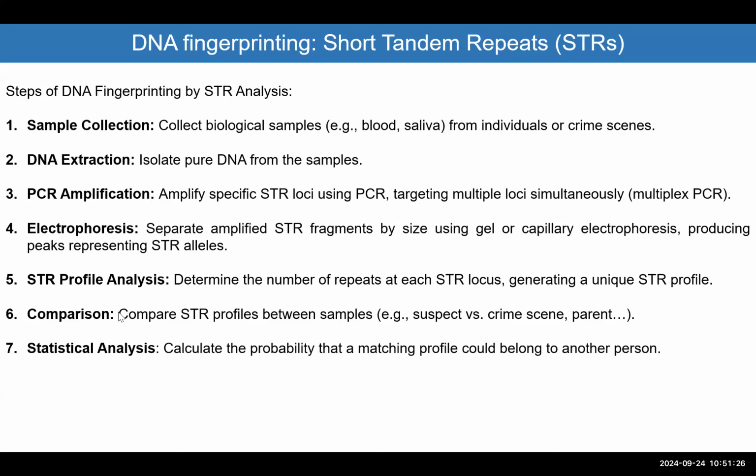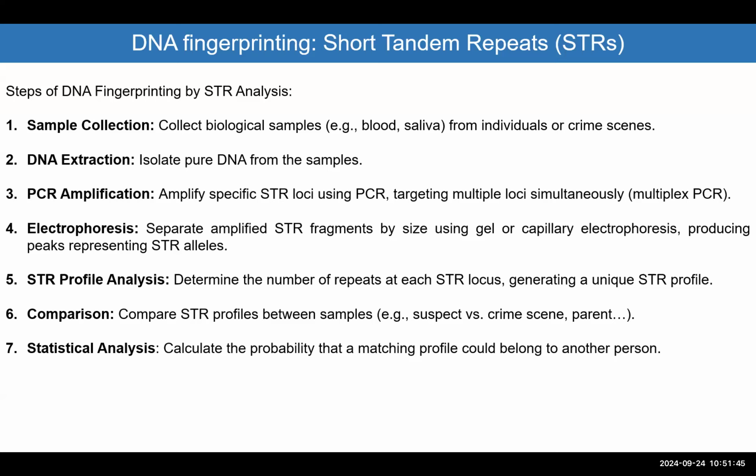There's one thing you have to always keep in mind. If I'm suspecting person X was in a crime scene, this means I have to get the DNA material from the crime scene and I have to get DNA from him so that I can compare these two.